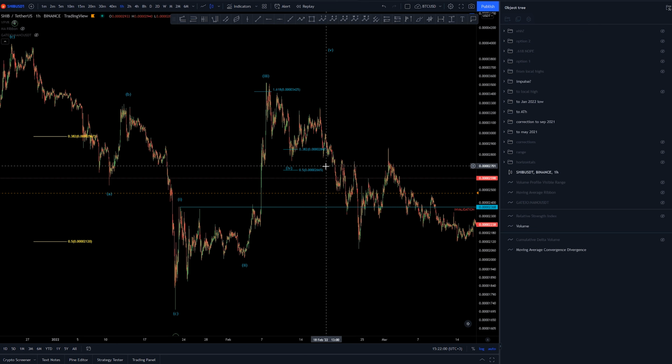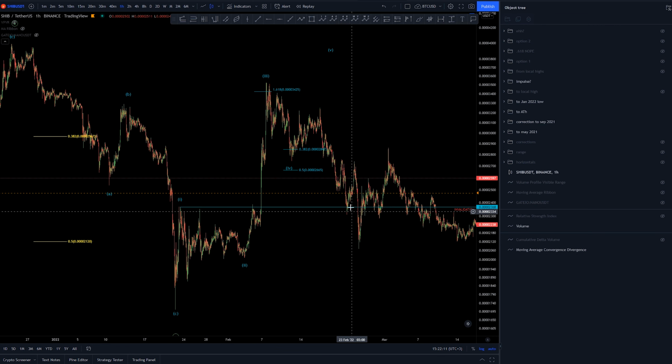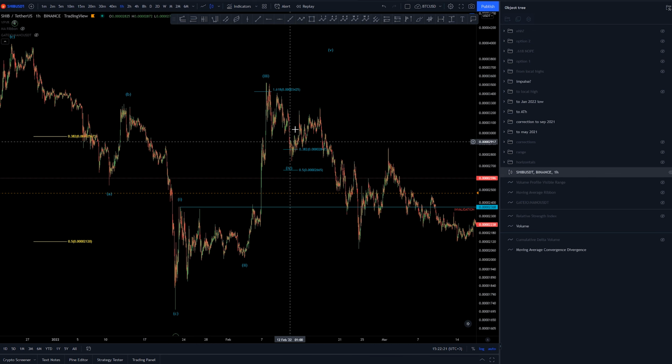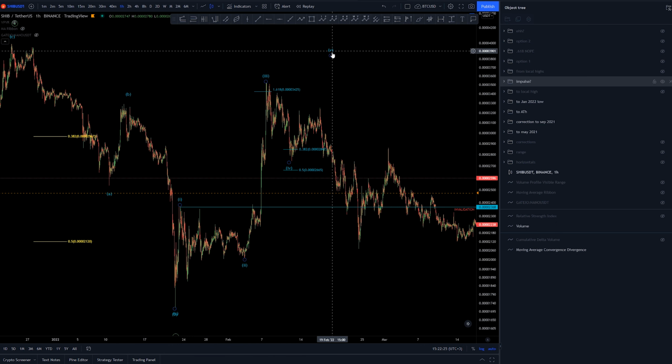Just after the price came down below this 0.5, we could be expecting that this is no longer an impulse wave. Around here, 22nd of February, we saw invalidation for this count, so we can disregard this. But all the way up to here, this looked possible for a fifth wave to come.